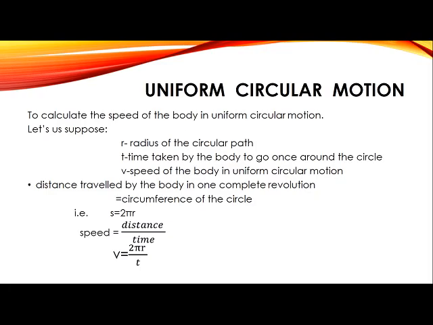The value of pi is taken as either 22 upon 7 or 3.14. We know the formula, children: speed is equal to distance upon time. So what is the distance here? 2 pi r, and what was the time that we have assumed as T. So we calculate the speed of uniform circular motion of a body by using the formula 2 pi r upon T.